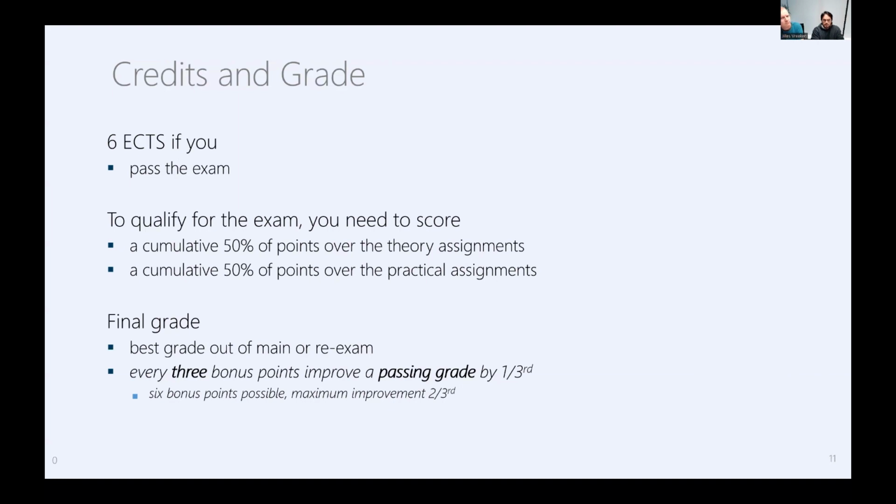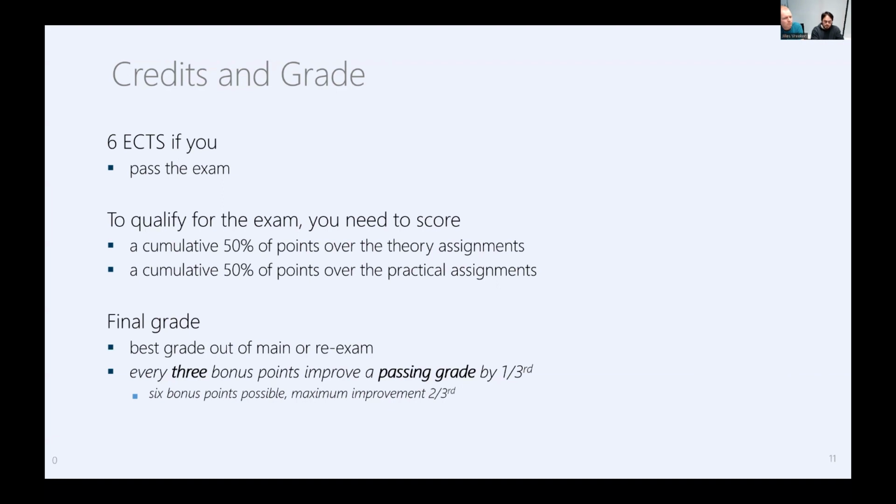To be qualified for the exam, you need to score at least 50% on both the theory assignment and the practical assignment. So I highly recommend that you do all the assignments so that you guarantee that you qualify for the exam. And the final grade will be determined by the best grade out of main or re-exam.